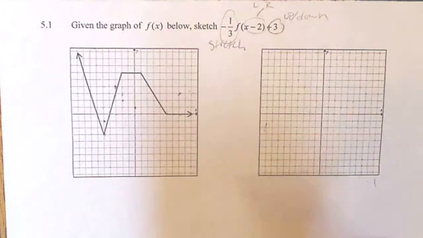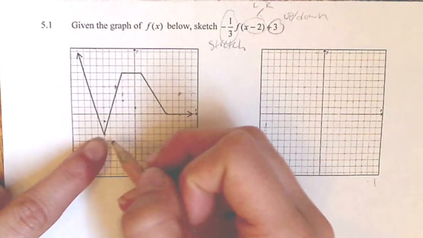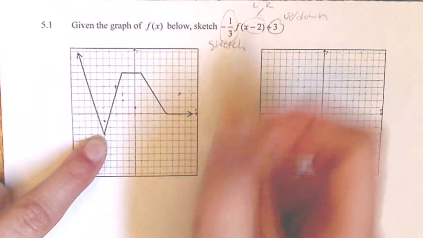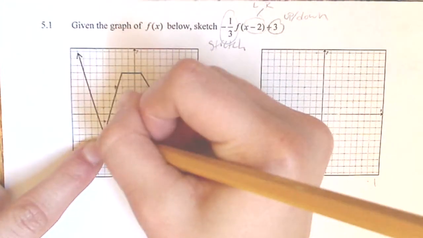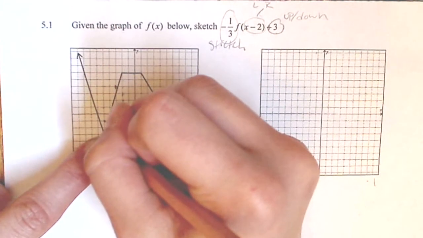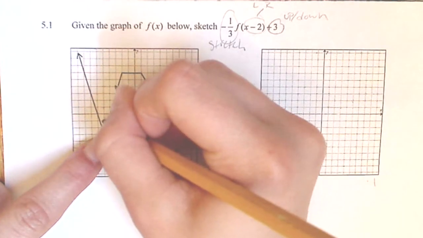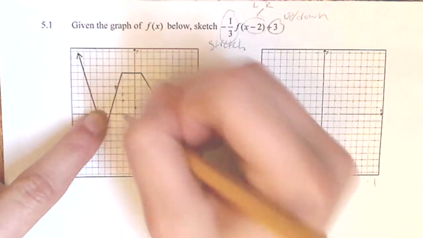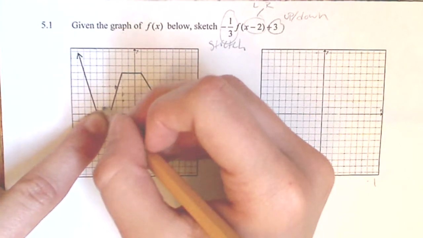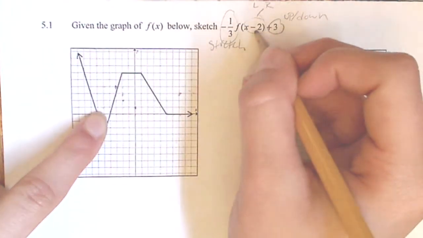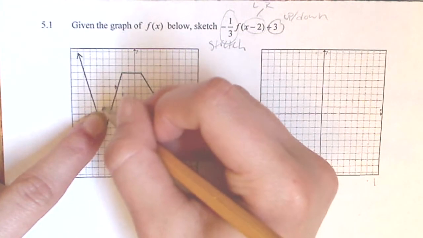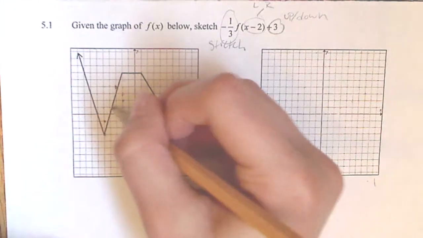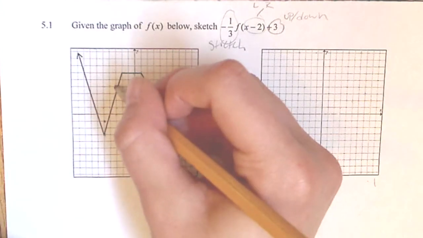So what you do is you start at a point on this first graph, so this point right here, and since the stretch is negative 1/3, you count, and this is at negative 3, so 1/3 of negative 3 is negative 1, and since it's negative, you're going to go to positive 1, and since we decided this is a right shift of 2, we're going to go 1, 2, and then we're going to go up 3. 1, 2, 3.